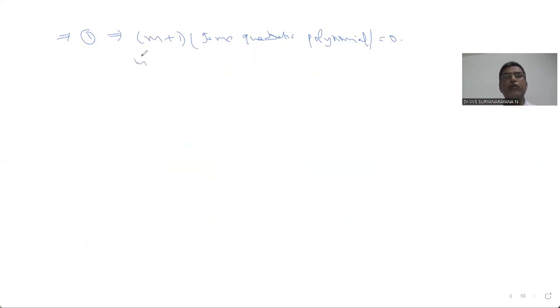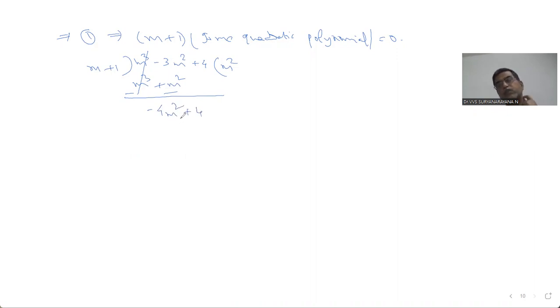So if we divide m cube minus 3m square plus 4 with m plus 1, what we will get? To get m cube, we have to multiply m with m square. Now m plus 1 into m square becomes m cube plus m square. So these two will be cancelled, and we get minus 3m square minus m square, minus 4m square plus 4.